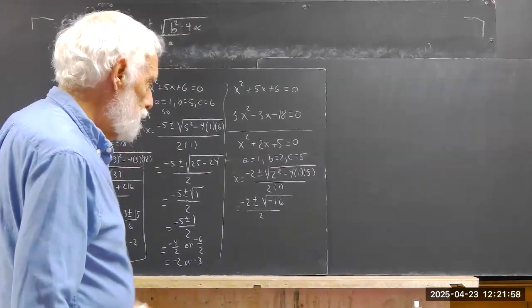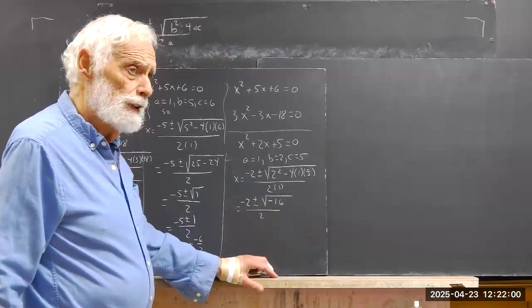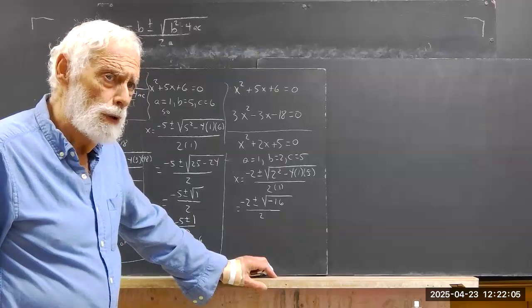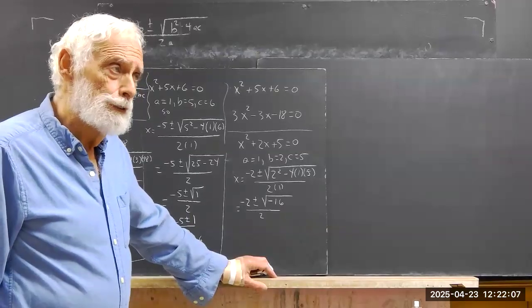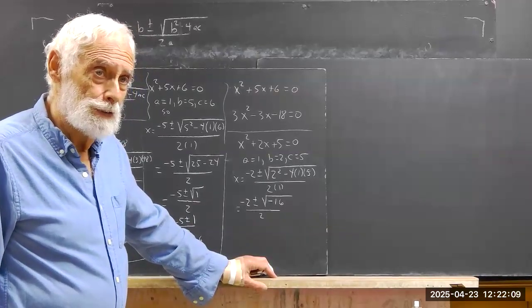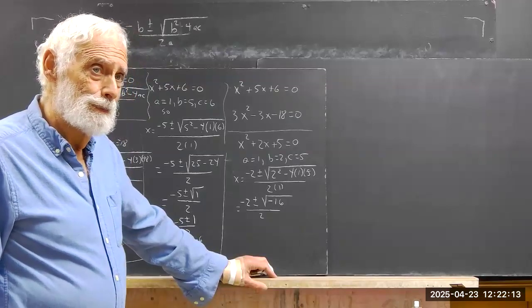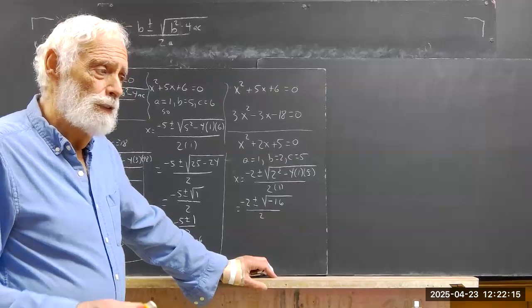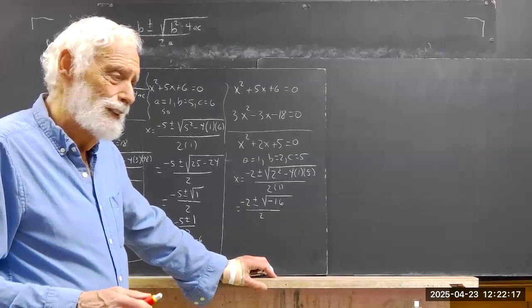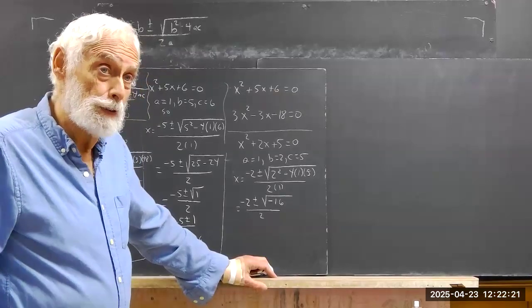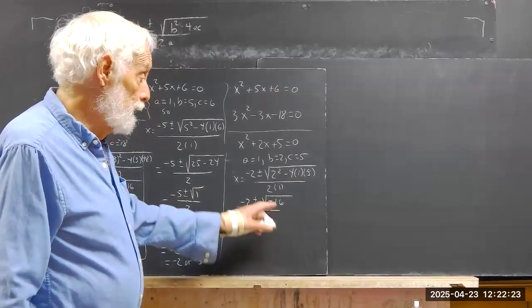Now the question is, what are we going to do with the square root of -16? You might want to say the square root of 16 is 4, and 4 squared is 16. It's not -16. Or you could say, well, let's try -4. Well, -4 times -4 is +16. Whenever you square a real number, you can't get a negative.